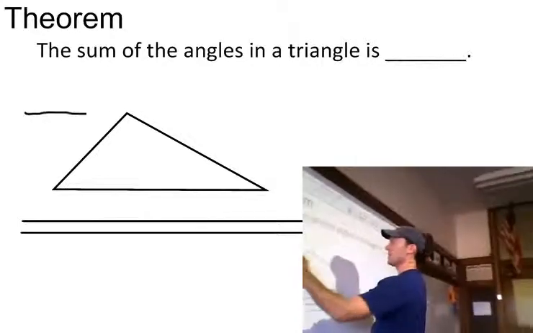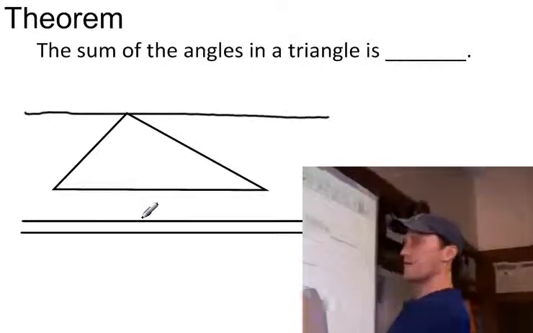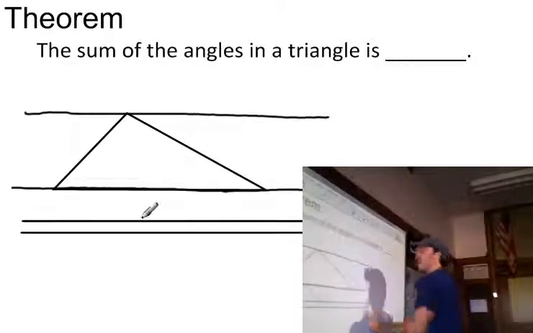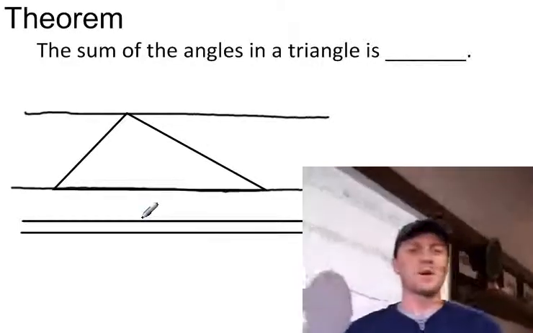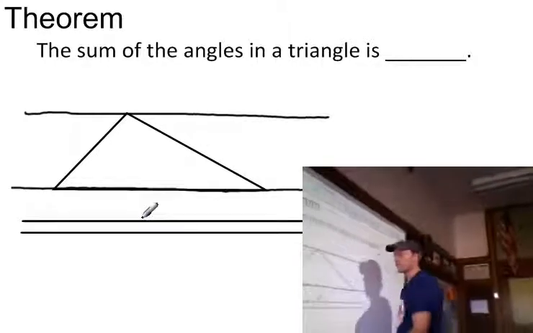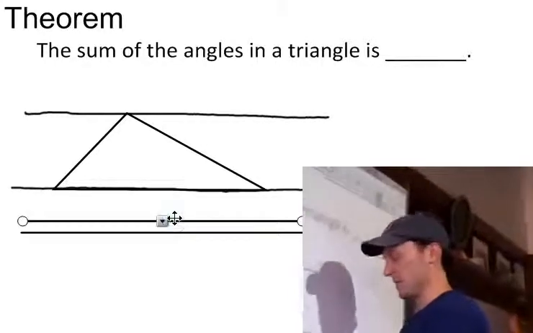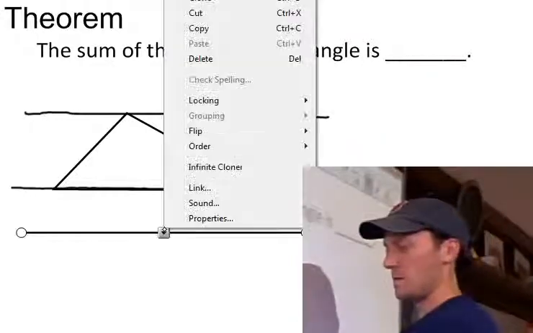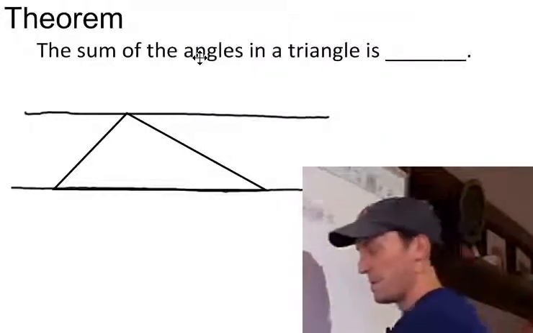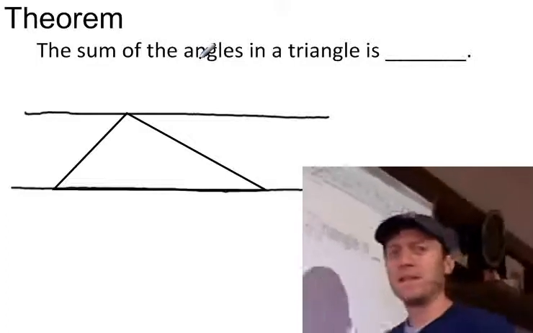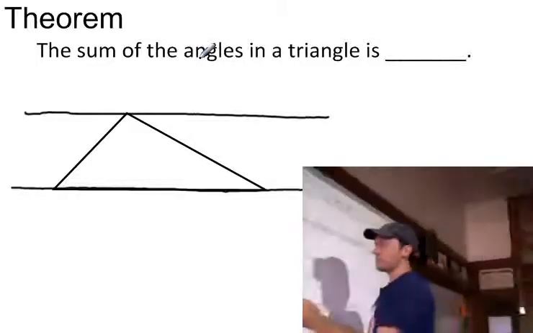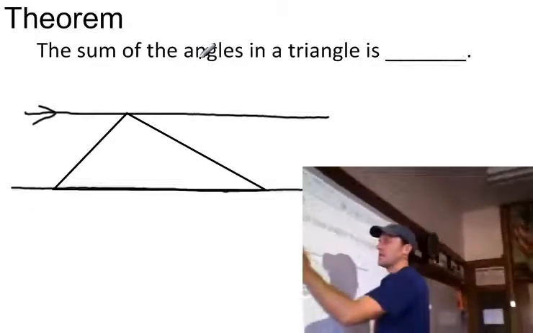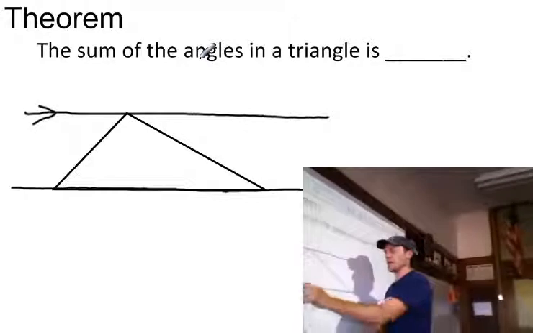Okay, so here is this line. That's pretty straight. And here, I'm just going to extend the bottom of that triangle. Okay, so now I'm going to put some angles in here. In this triangle, I drew this line on top to be parallel to the line on the bottom.